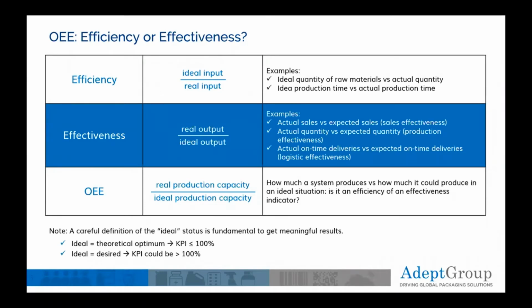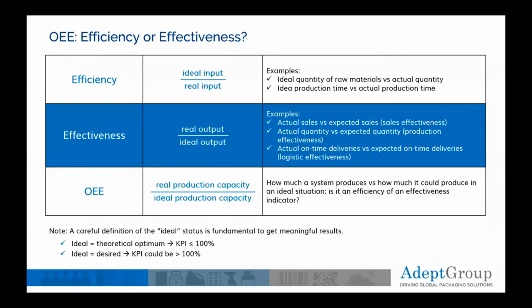The point is that if I'm looking at production capacity as an input, for example, that I bought my production capacity, I bought the machine, I'm planning the people to work at that time, then in this case, it's a ratio between inputs, then it would be an efficiency. But from my point of view, production capacity is more an output. It's more what you are actually producing, what your products are. So in this case, it is an effectiveness.